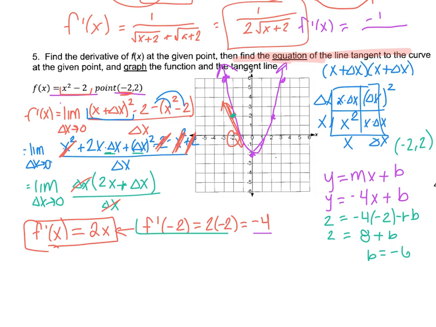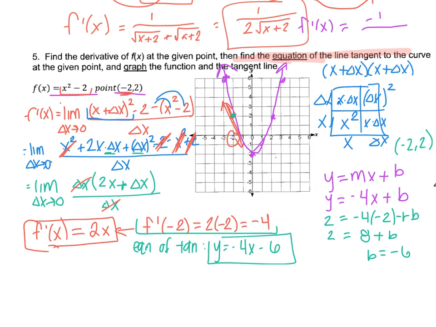So here we found the derivative at negative 2, and the equation of the tangent line is y equals negative 4x minus 6. Just to reiterate, the derivative is the slope of the tangent line at that point.